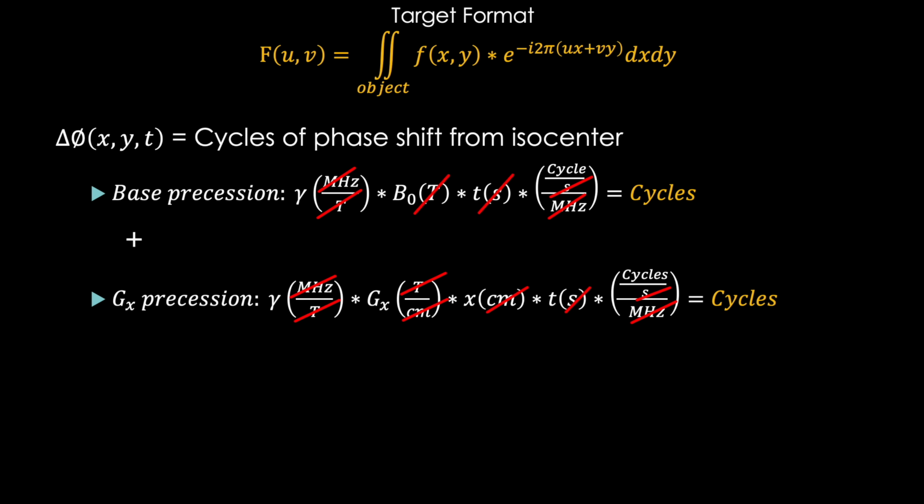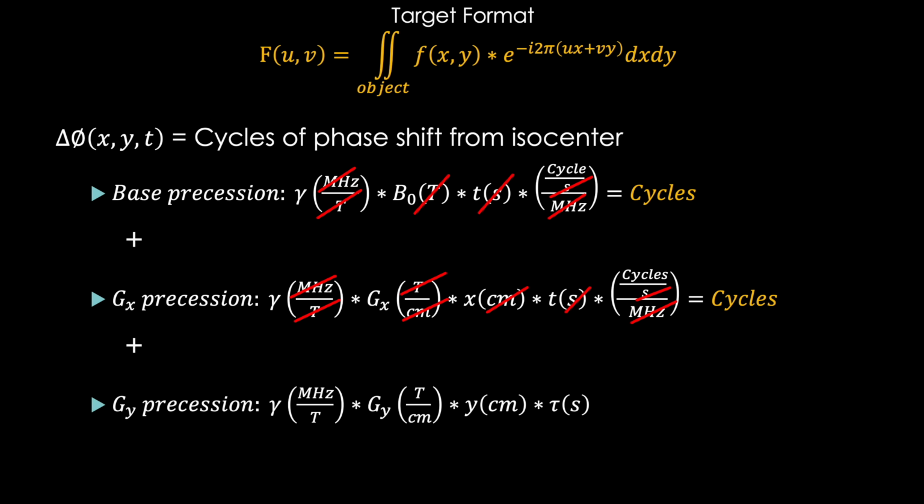And for the gradient field gy applied across the y-axis, the exact same thing, except since we're now varying the field across the y-axis, we need to know what position we are y centimeters from the isocenter, and how many seconds this field is applied using the symbol tau since it's an independent time from the one we use for gx.